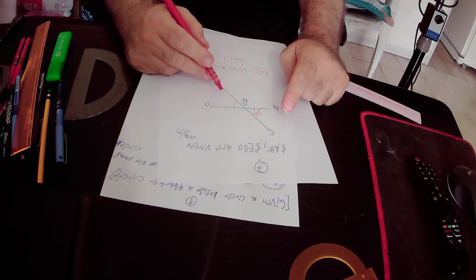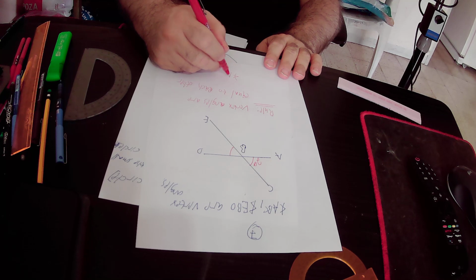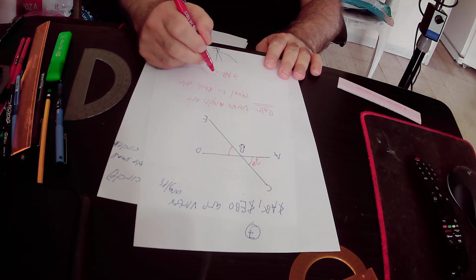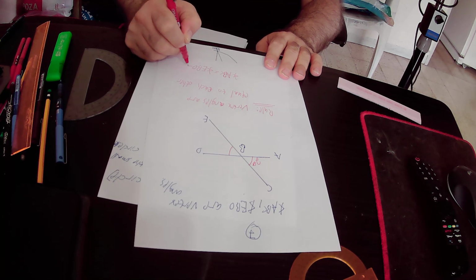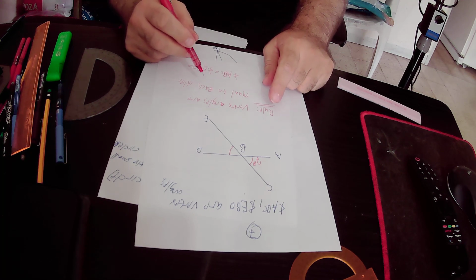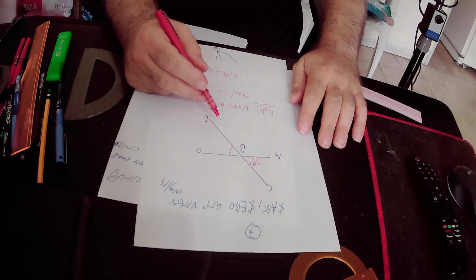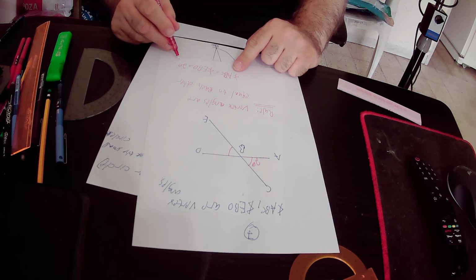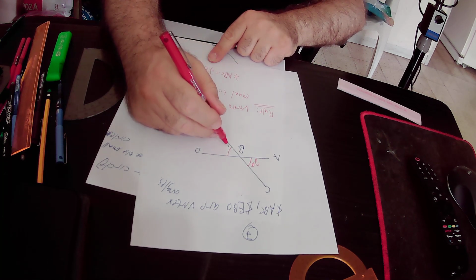That is to say, angle ABC is equal to the vertex angle EBO. So if angle ABC equals 2 theta, then angle EBO will also equal 2 theta.